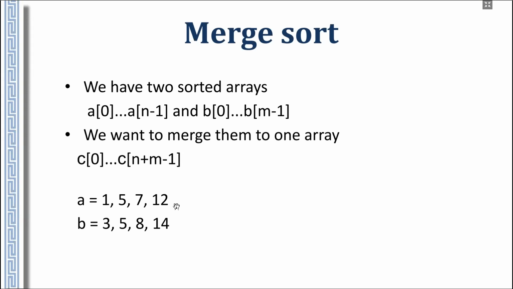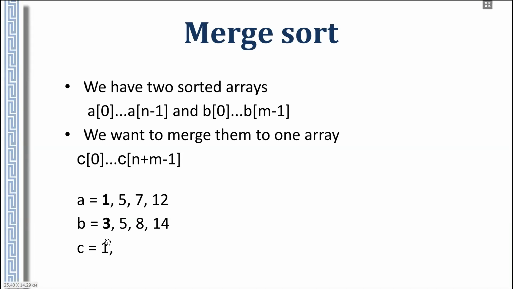Assume that we have array A and array B. The final array should be this one. For example, if 5 occurs twice, once in the first array and once in the second array, then it should occur twice here also. How to do it?